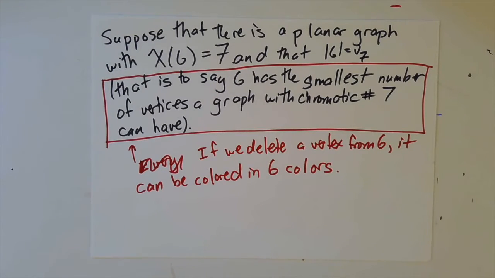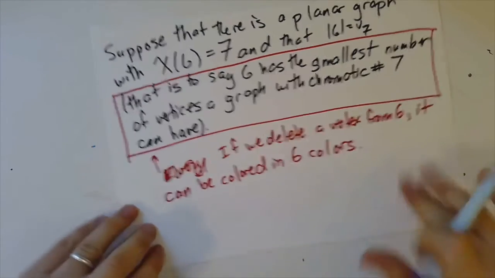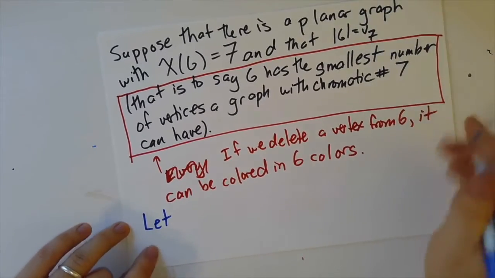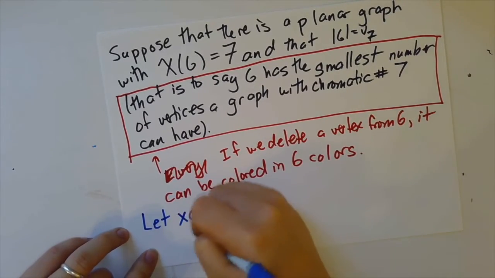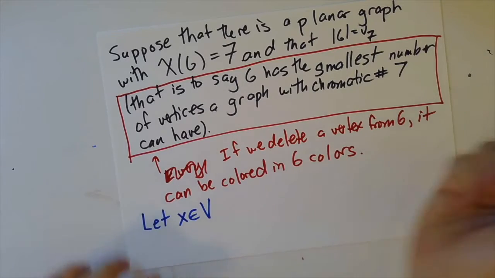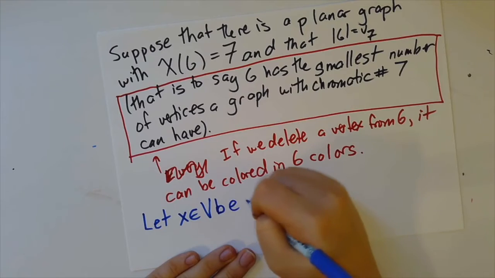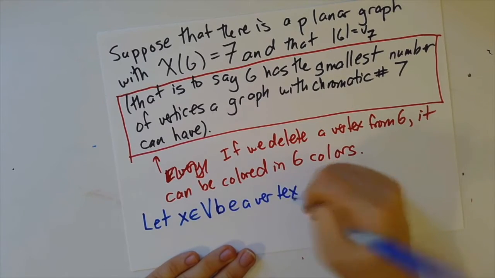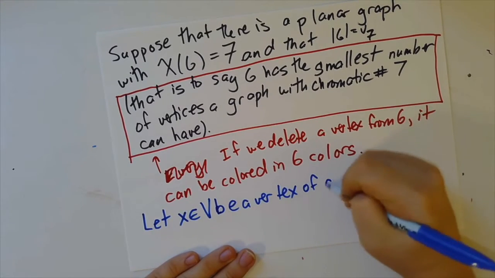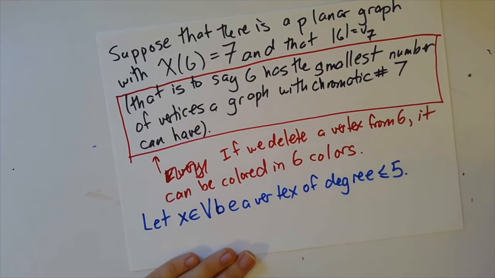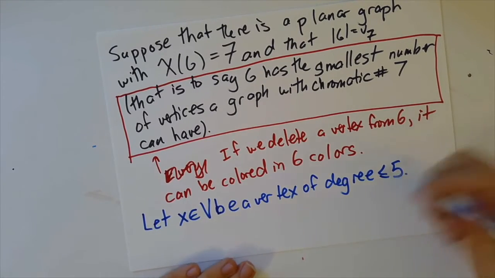Okay, so I'm going to let, and let's give it some fancy name, let X in the vertex set of G be a vertex of degree less than or equal to 5. This definitely exists by what we proved earlier.